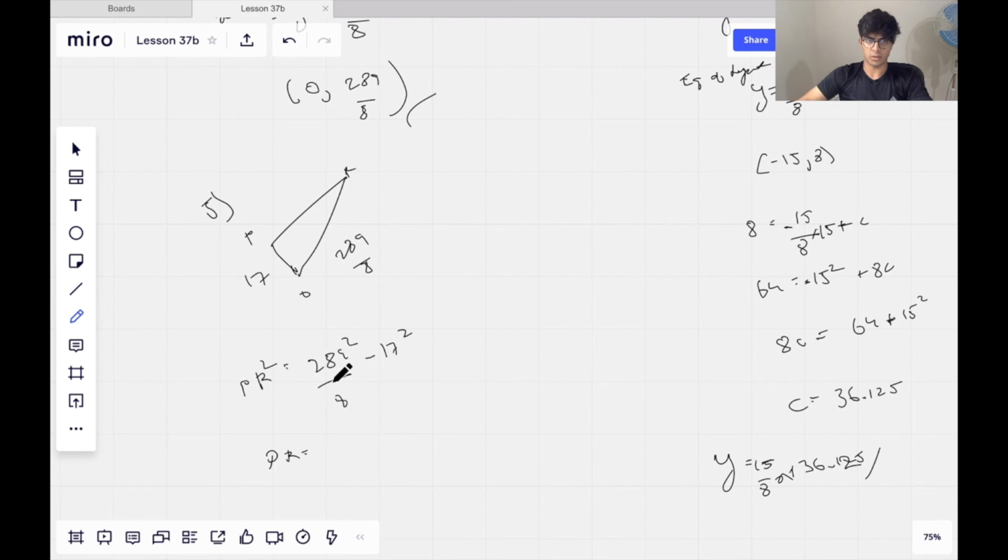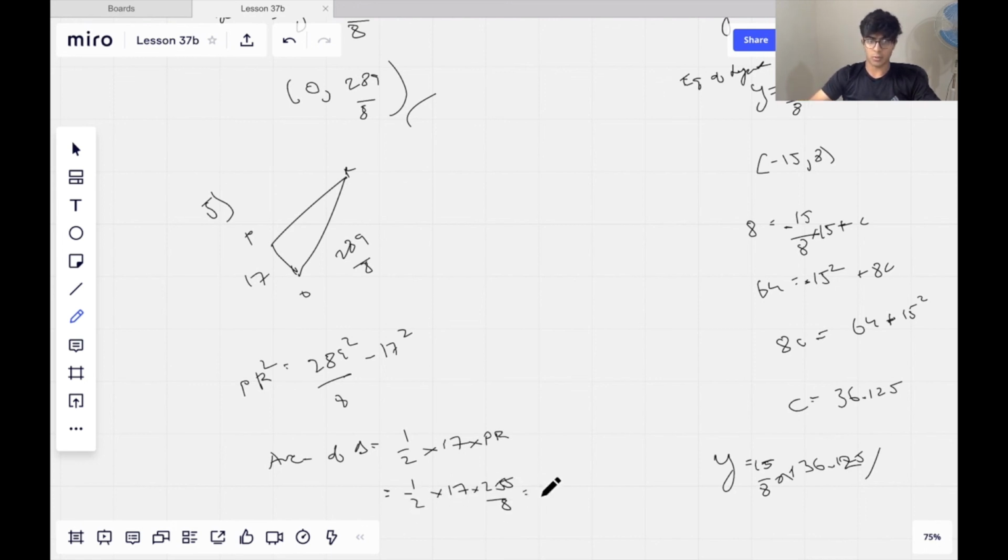Therefore, the area of the triangle is equal to half base times height, so half times 17 times PR. Now we want to find what PR is. PR is 255 by 8. So half times 17 times 255 by 8.